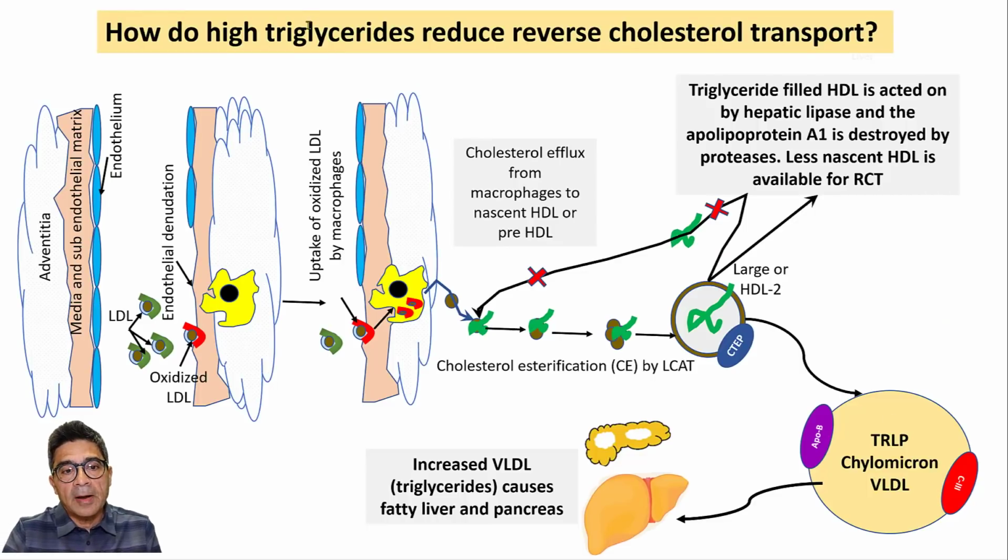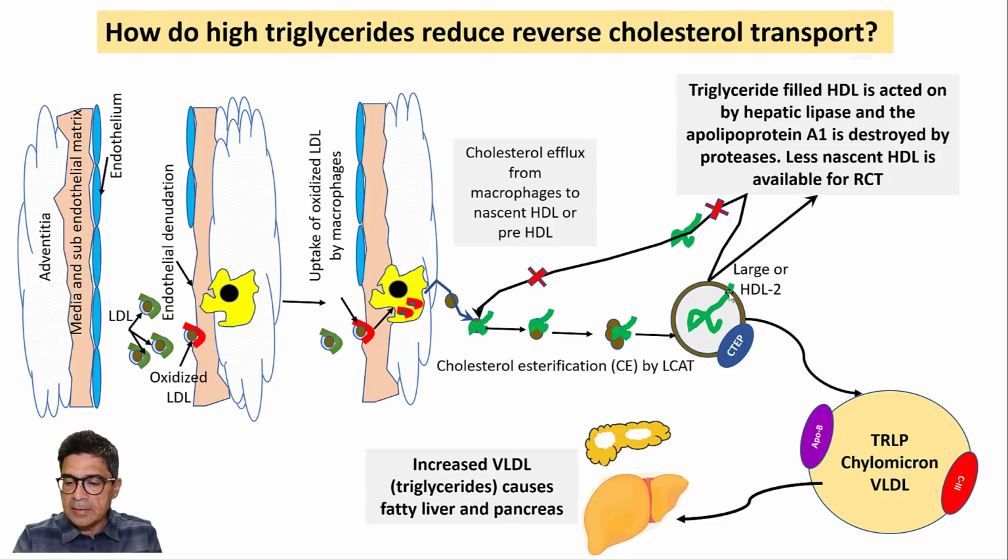But the question that we were trying to explore is how do high triglycerides reduce reverse cholesterol transport? And the mechanism for that is that as the HDL molecule matures, the high triglycerides are favored by the cholesterol ester transfer protein, and instead of reverse cholesterol transport going to the liver, it goes to the triglycerides.